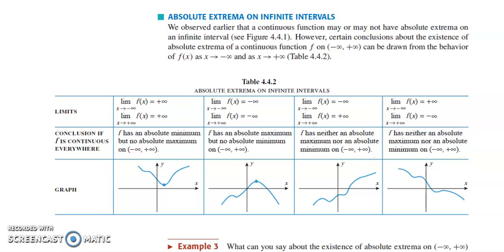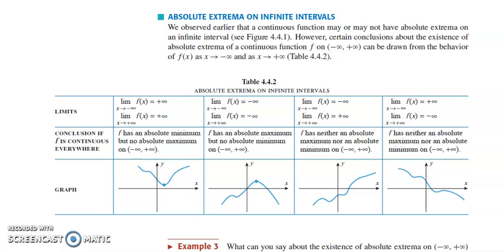Good morning all. So today we will look at the absolute extrema on infinite intervals. We have seen in the previous class that if you have a continuous function defined on a closed interval [a, b], it will definitely have an absolute maximum and an absolute minimum.